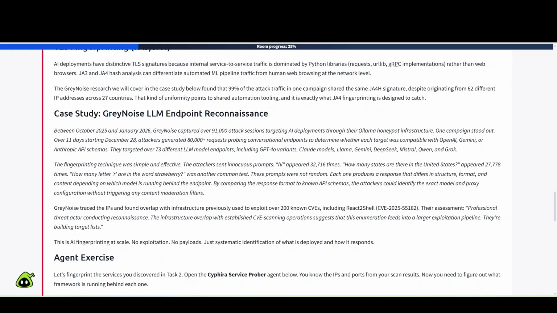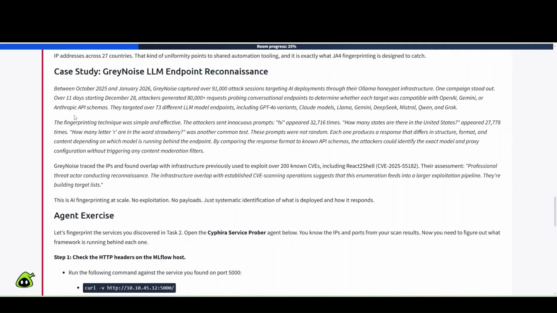Case study: GreyNoise, LLM endpoint reconnaissance. Between October 2025 and January 2026, GreyNoise captured over 91,000 attack sessions targeting AI deployments through their Ollama honeypot infrastructure. One campaign stood out over 11 days starting December 28.